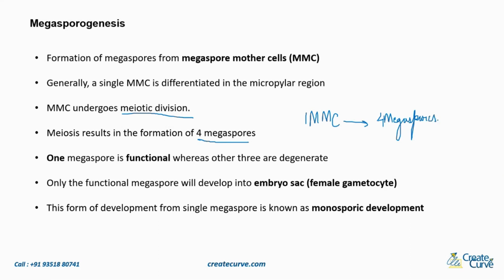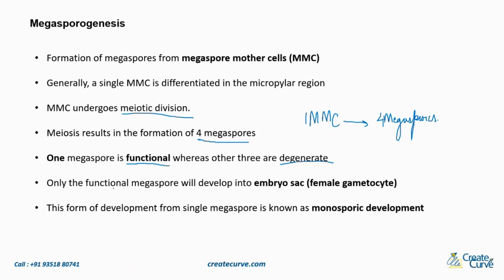Now, out of these 4 megaspores, 1 megaspore is functional, which means it will carry out all functions. The other 3 are degenerate, not functional, and these will just disperse off. Only one is useful out of the 4 that are formed.